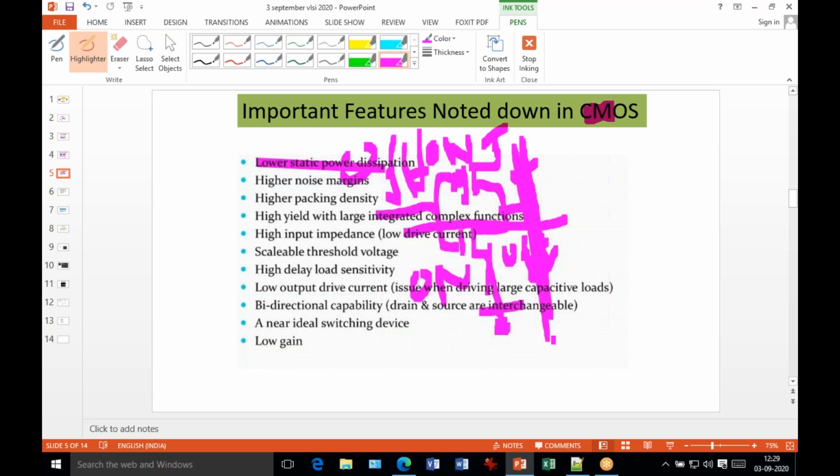Both transistors are not on at the same stage, only one transistor is on. So that is the feature of the CMOS device.